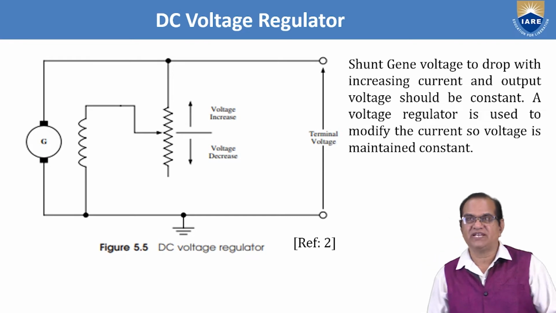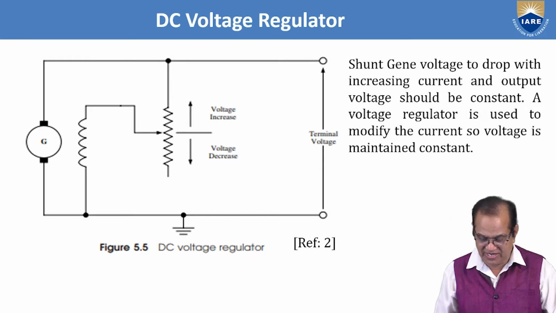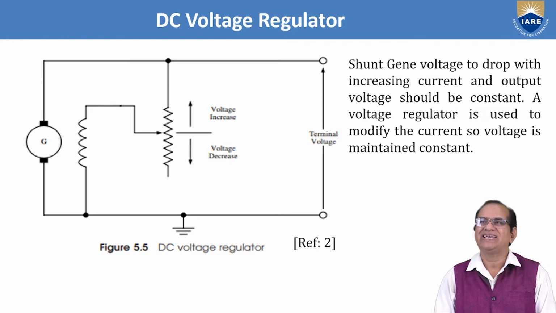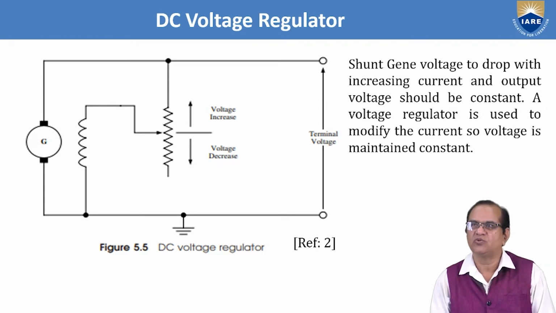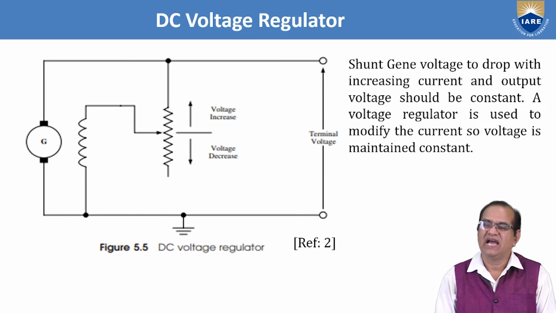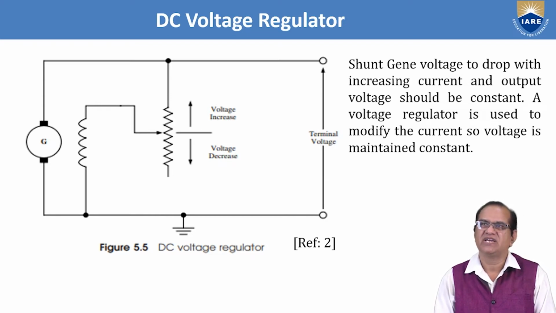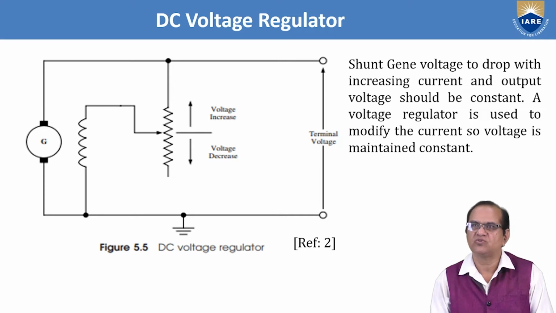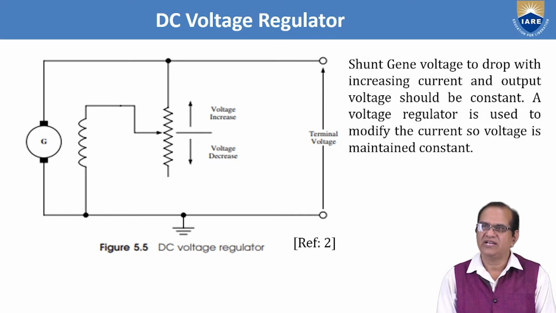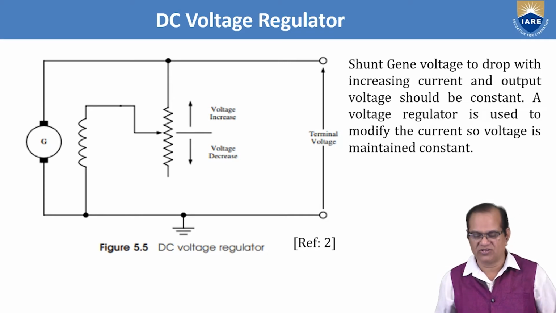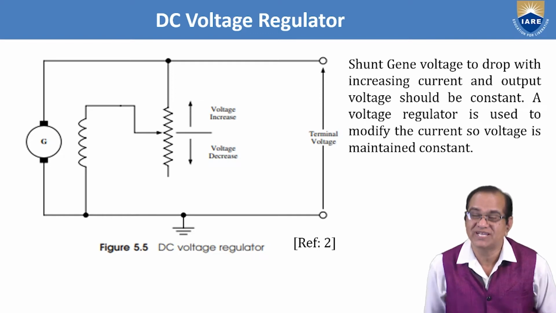DC voltage regulator. So how can we generate the DC voltage? Here we use a shunt generator, where voltage drops with increasing current, but output voltage should be constant. A voltage regulator is used to modify the current so voltage is maintained constant. In this, we use the resistance.